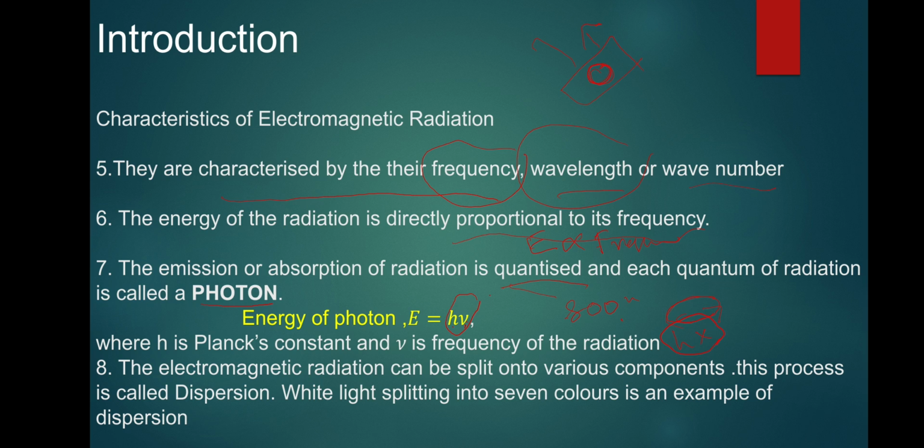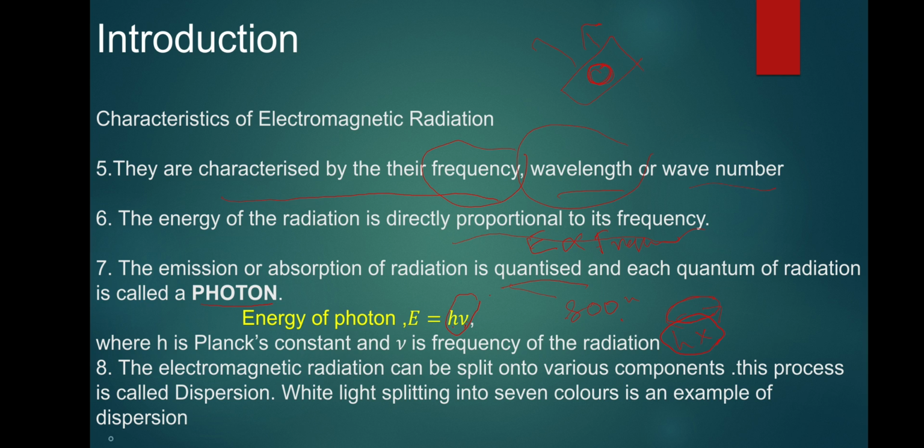So if you pass light through something, for example a prism, white light we can see as the 7 colors. The 7 colors are a splitting of the white color. That process is dispersion. In the same way, when electromagnetic radiation passes through a prism, radiation with different wavelengths can be separated.